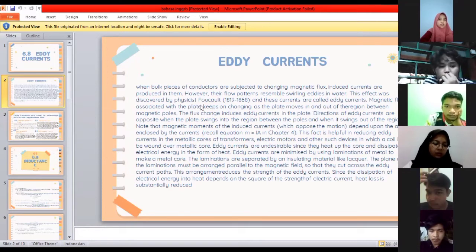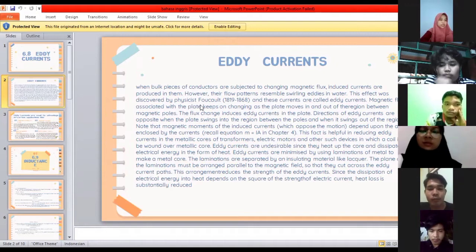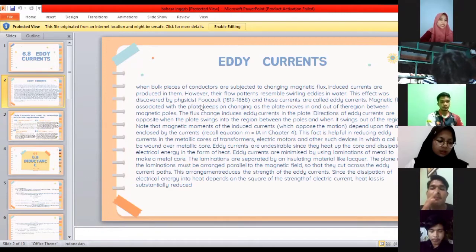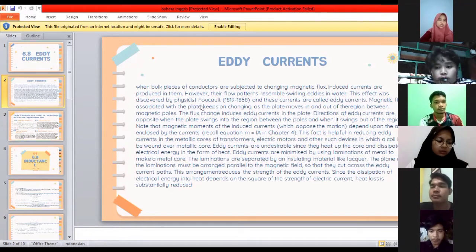Direction of eddy currents are opposite when the plate swings into the region between the poles and when it swings out of the region. Note that the magnetic moment of the induced currents, which oppose the motion, depends upon the area enclosed by the currents.